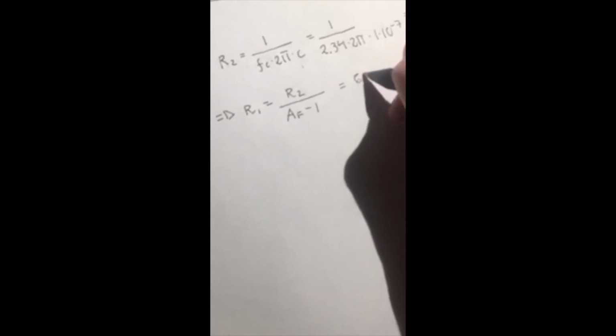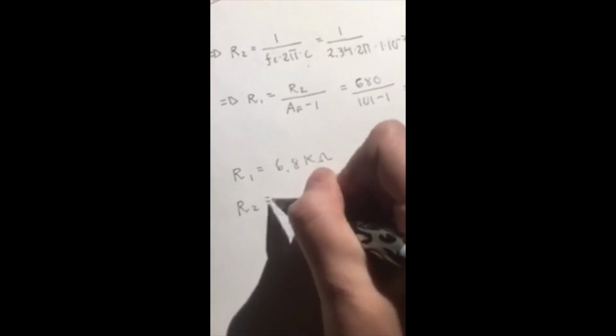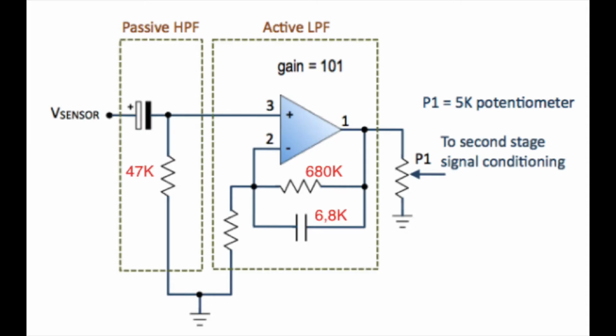Then an active low-pass filter was used, with a cut-off frequency of 2.34 Hz and signal gain of 101. We again needed to find the resistors R1 and R2 with the following equations. Finally, the circuit was supposed to look like this.